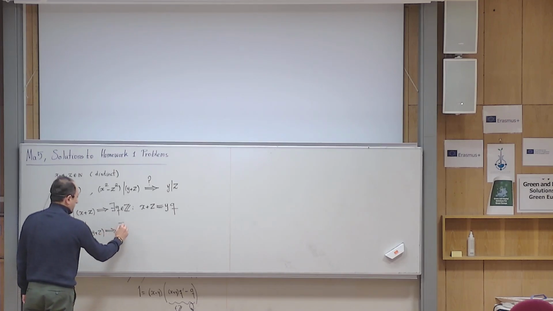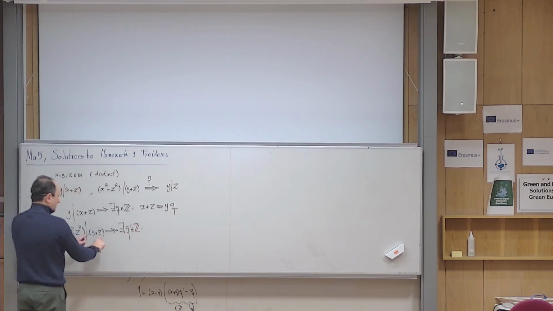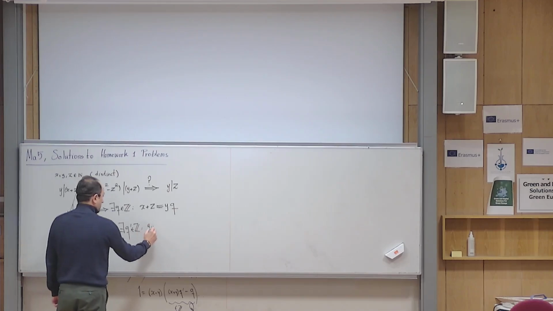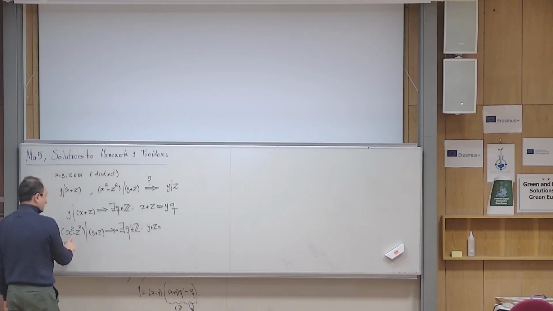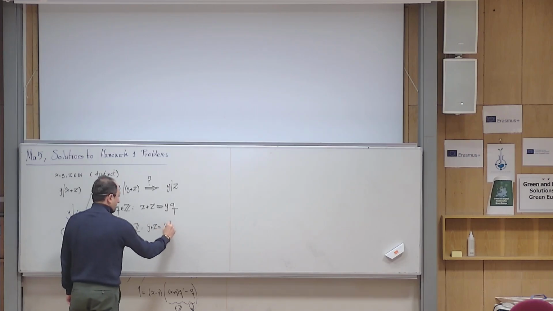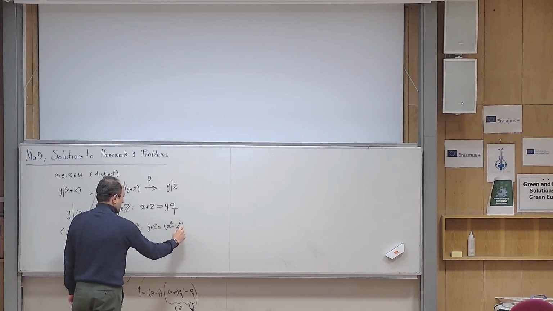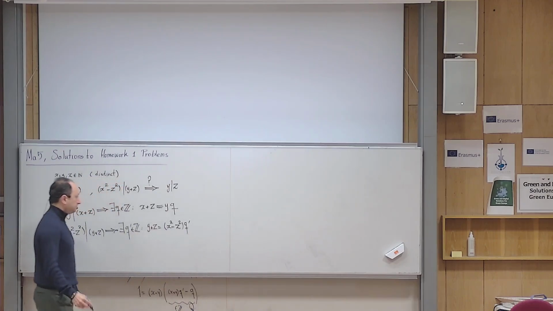There exists probably another q prime in Z such that the number on the right is equal to the number on the left multiplied by q prime, yes?